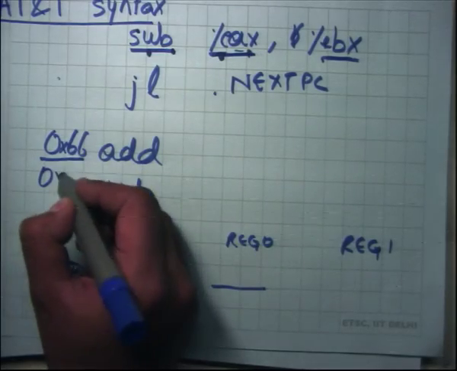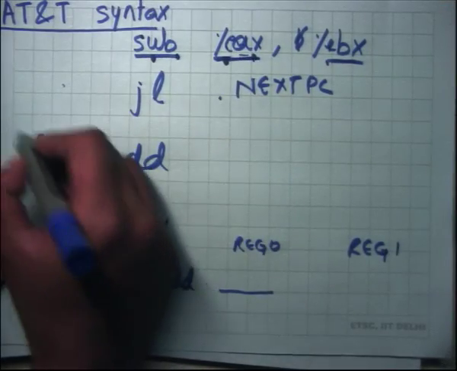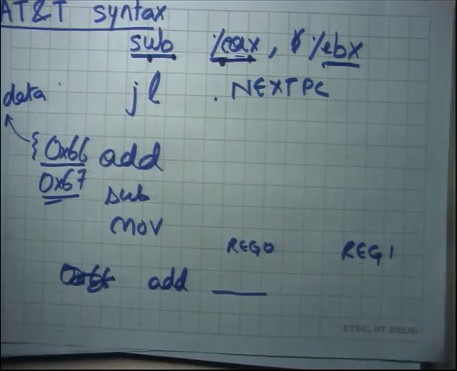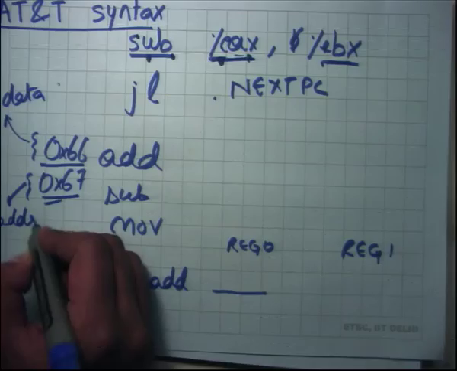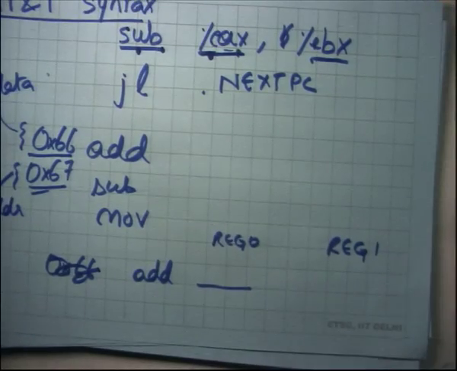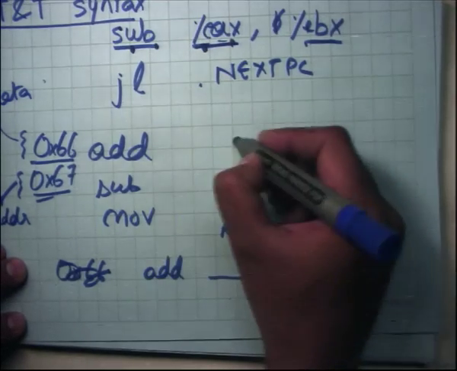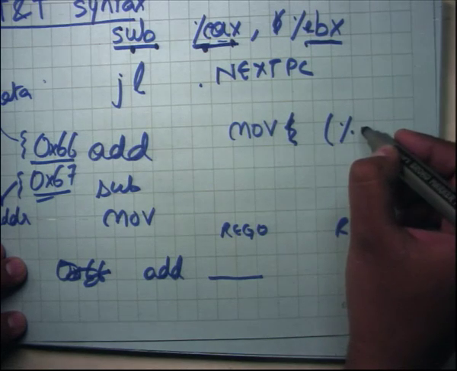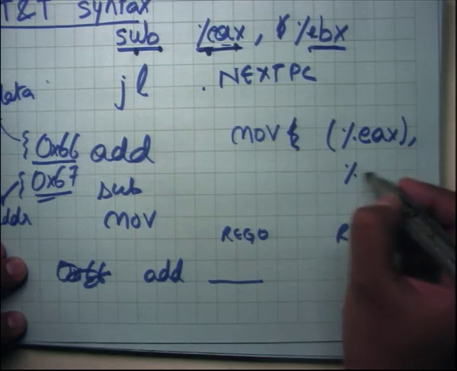And there are actually two prefixes. There is 66 and 67. 66 basically says I want to change the size of the data. Data is the value that you are operating on, for example AX or EAX, and 67 basically means I want to change the size of the address. So for example, if I wanted to dereference memory, I could do something like move (%EAX), %EBX.